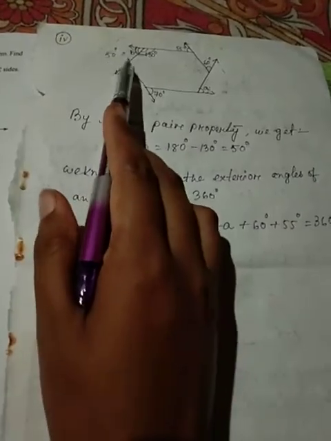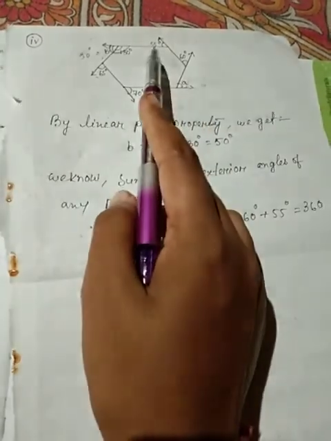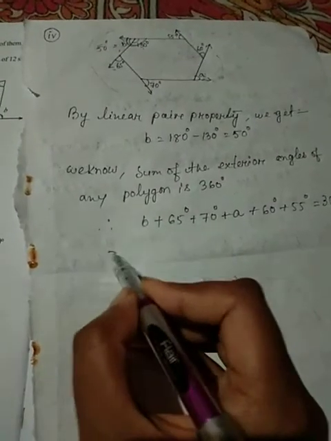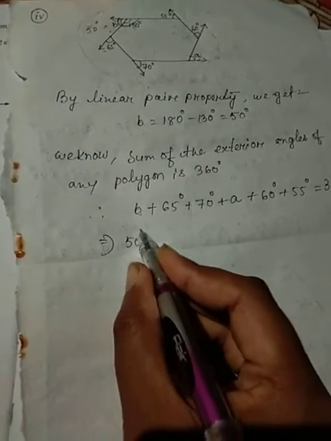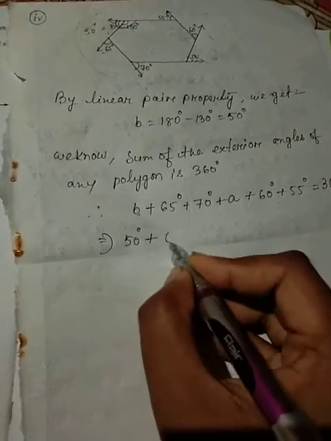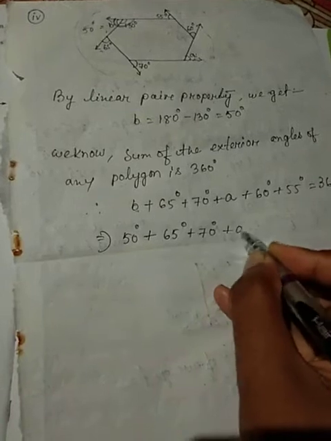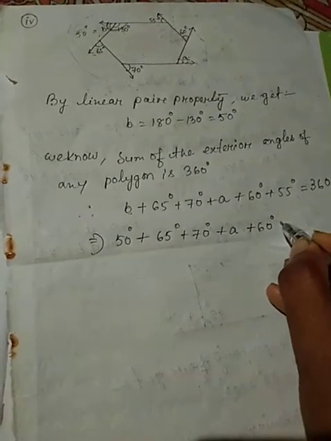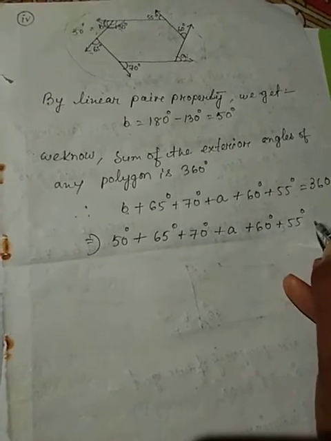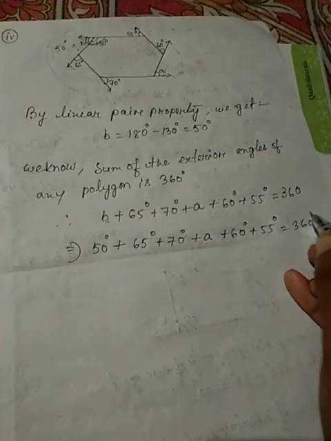So here B plus 65 plus 70 plus A plus 60 plus 55. Now here we know the value of B. Here the value of B is 50. So we put the value of B, 50 degree plus 65 degree plus 70 degree plus A. A is unknown here, so we find the A here, 60 degree plus 55 degree equal to 360 degree.